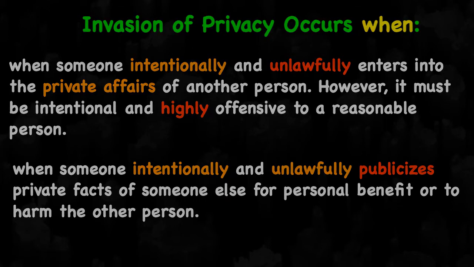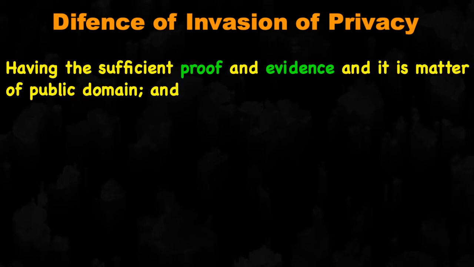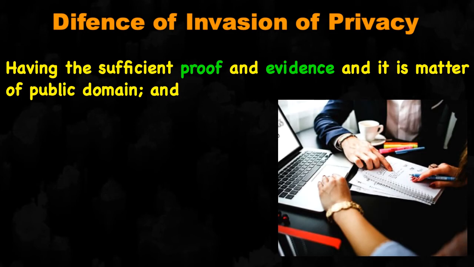Okay? Now, the next point that we need to discuss under this heading is defense. So, what is the defense of invasion of privacy? Having sufficient proof and evidence, and it being a matter of public domain. So, there are 2 points that you need to focus on. The first one says that if you are publishing something against someone, you have the sufficient evidence and proof that the information you are giving to the public is fact, substantially true.